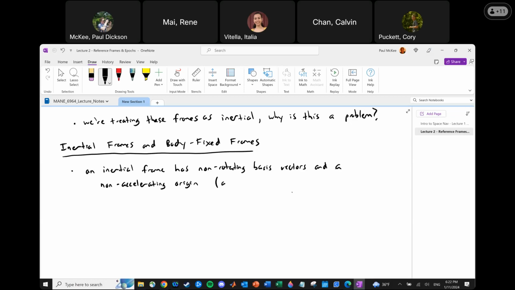An inertial frame is also sometimes known as a Newtonian frame. I think those of you that have taken Dr. Anderson's spaceflight class or any of his dynamics classes will have heard this referred to as a Newtonian frame. Same thing.